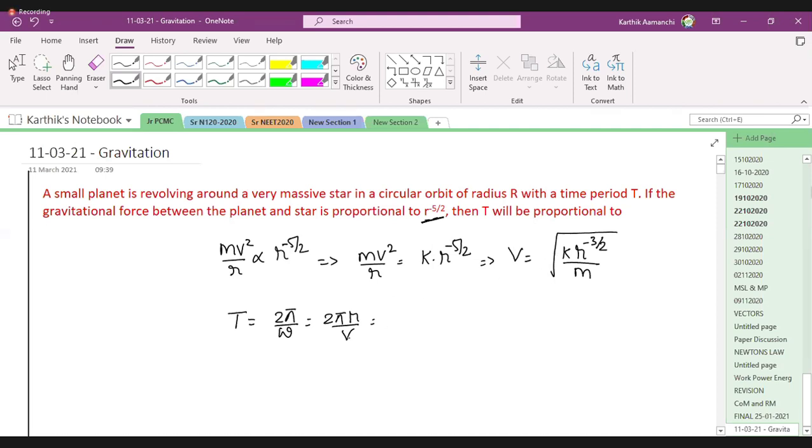This v substitute here. It will be 2 pi root m r divided by root k r power minus 3 by 2. Minus 3 by 4 it will become, it will go up 1 plus 3 by 4, 7 by 4. So correct, T is directly proportional to r power 7 by 4.